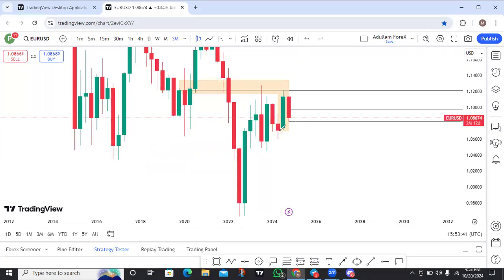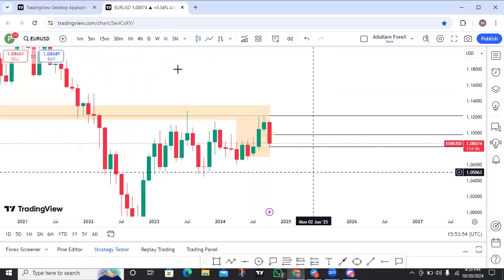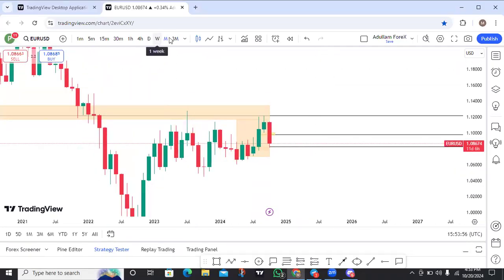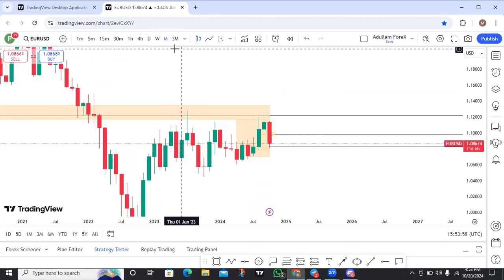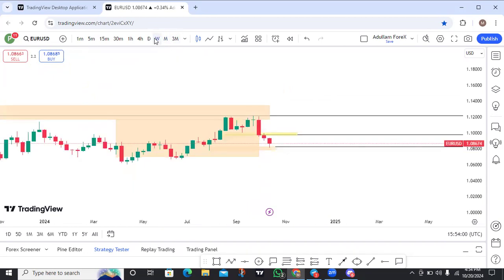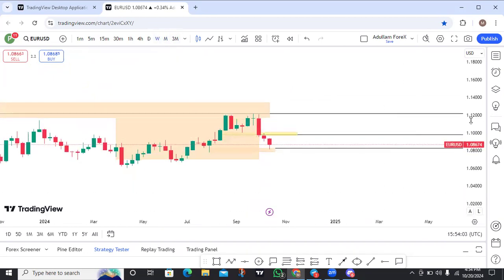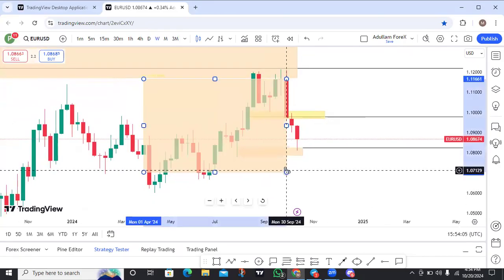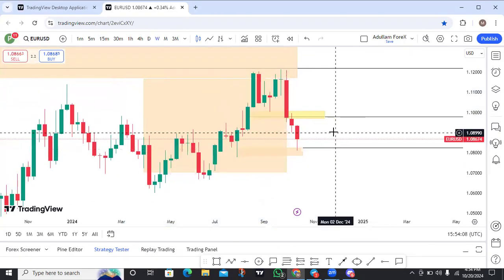Look at this bullish engulfing. In this bullish engulfing, if you go to the lower time frame, you'll see that there's a fantastic 5 in it. So this is why on the monthly time frame, let's go to weekly, we have something like a manipulation entry formula. How is it the manipulation entry formula? I'm going to explain.